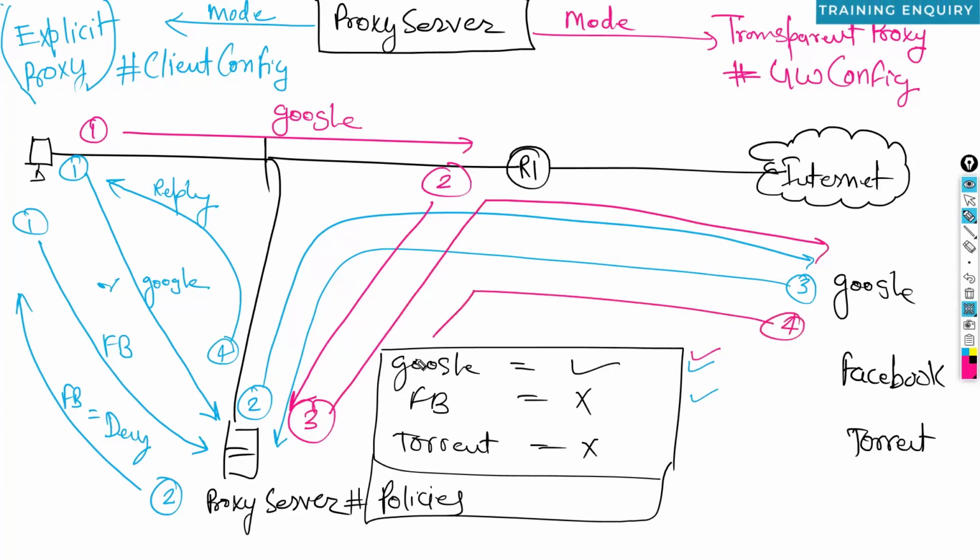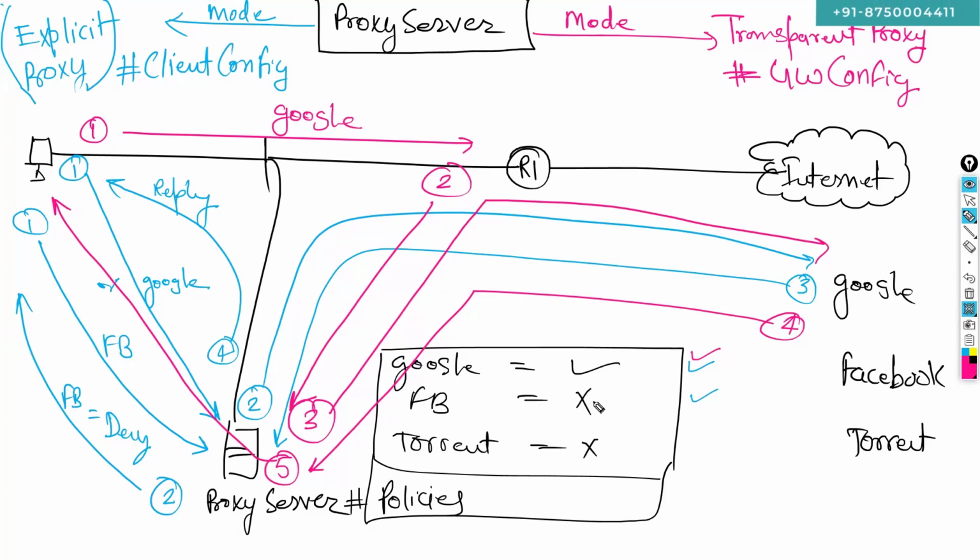Google will give a reply to the proxy, and now the proxy will give a reply to the client in this way. So the main point is this: either we are using explicit proxy or transparent proxy, our request will go to the proxy server. The proxy server will check the policies. If the URL is allowed, the client can access it.